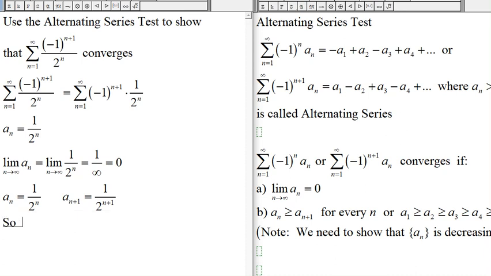And so we can see that 2^n is less than 2^(n+1).